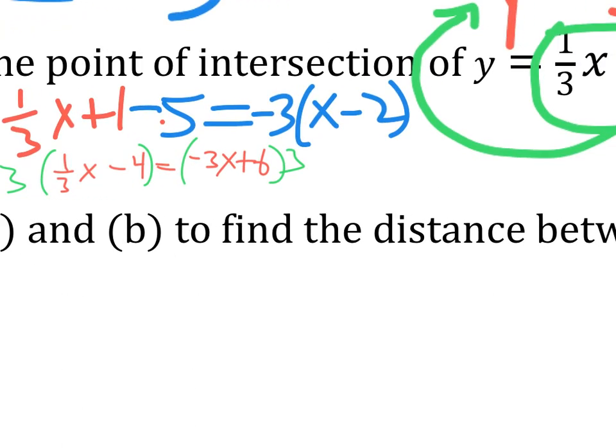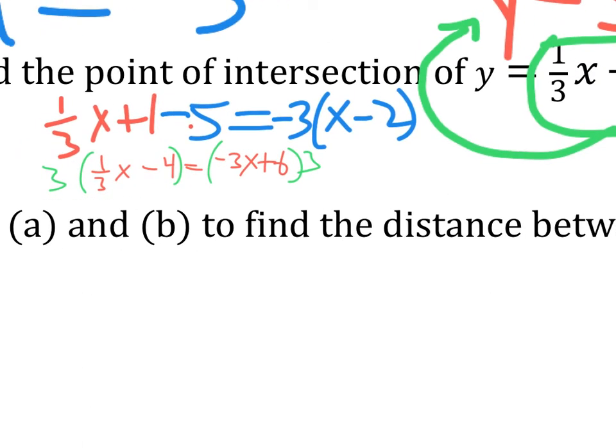And so multiplying everything by 3, that gives us 3 times 1/3, which is 1x, and 3 times -4, that's minus 12. Distribute 3 here, we get -9x. And 3 times 6 is 18.